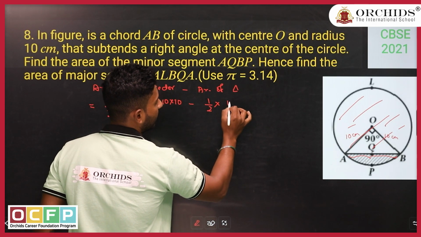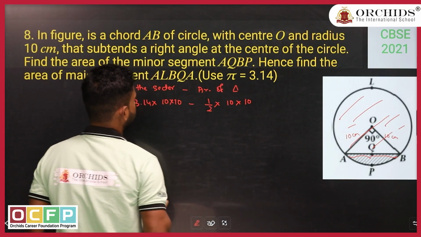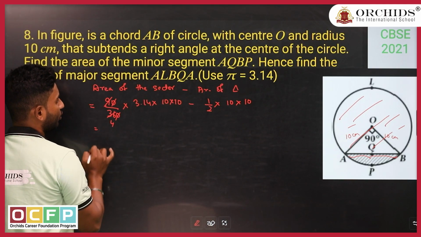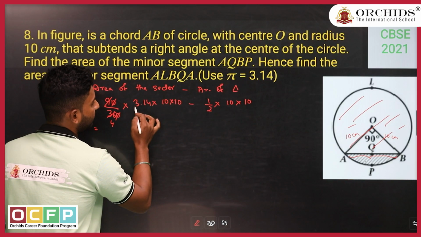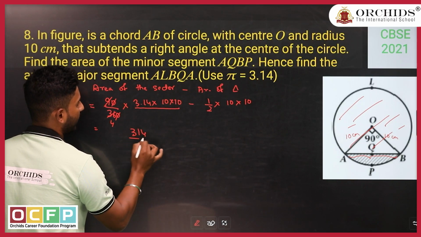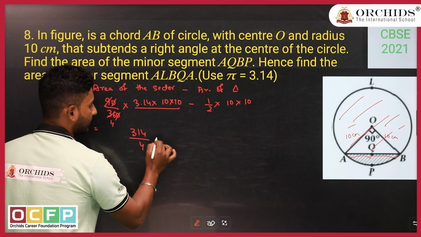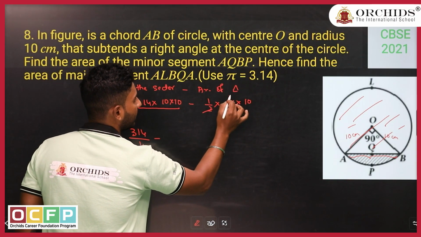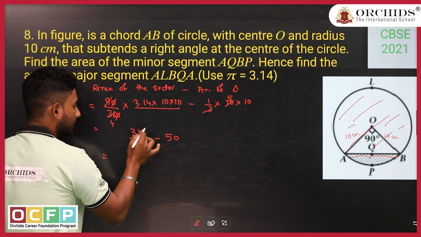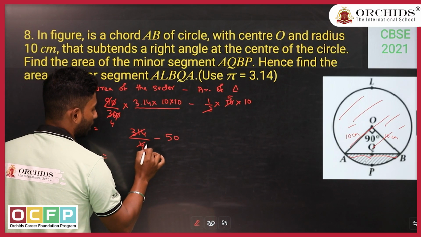Base is how much? 10 into 10. Fine. Zeros gone. 4. So if you multiply 3.14 with 100, I will get 314 by 4 this side, and this side I will get 50. Can I divide it? Yes, we can. 2.